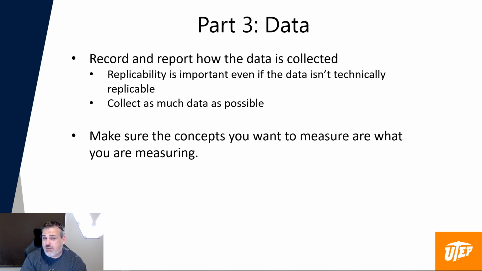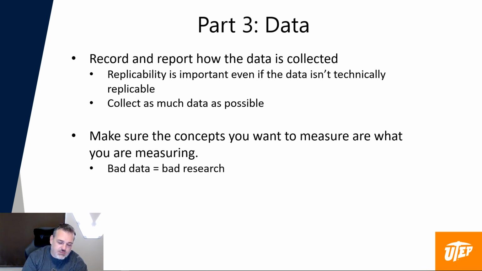If you can really defend that proxy measure, that's absolutely all right. But if you can't, and if you're in the field measuring something that you think you're measuring, but you're actually measuring something entirely different, you have a problem, because bad data simply leads to bad research. If your data is not good, your findings aren't going to be good, or at the very least believable.